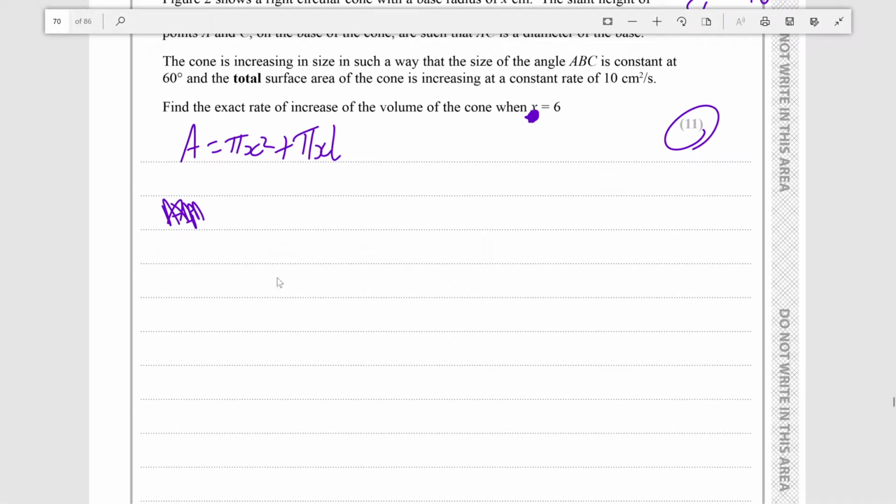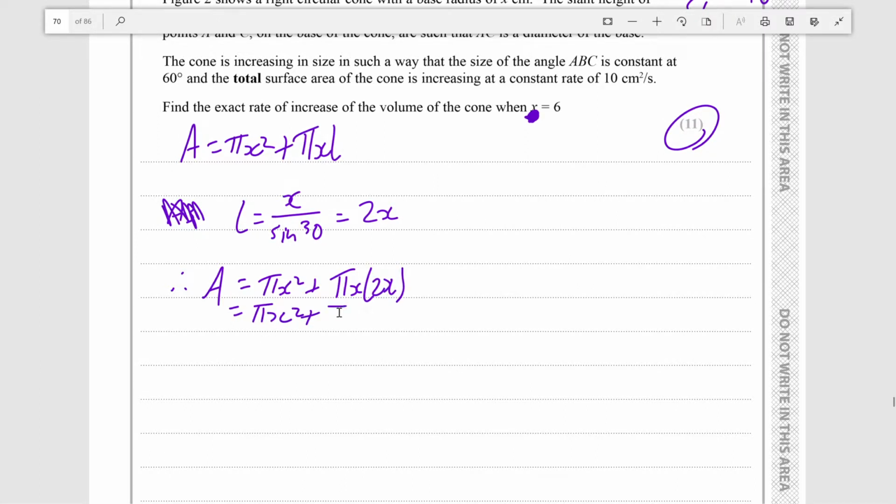So the area of the cone is that L must be x over sine 30, which is equal to 2x. Therefore, the area is pi x squared plus pi x times 2x, or pi x squared plus pi x squared times 2, or this is eventually equal to 3 pi x squared.